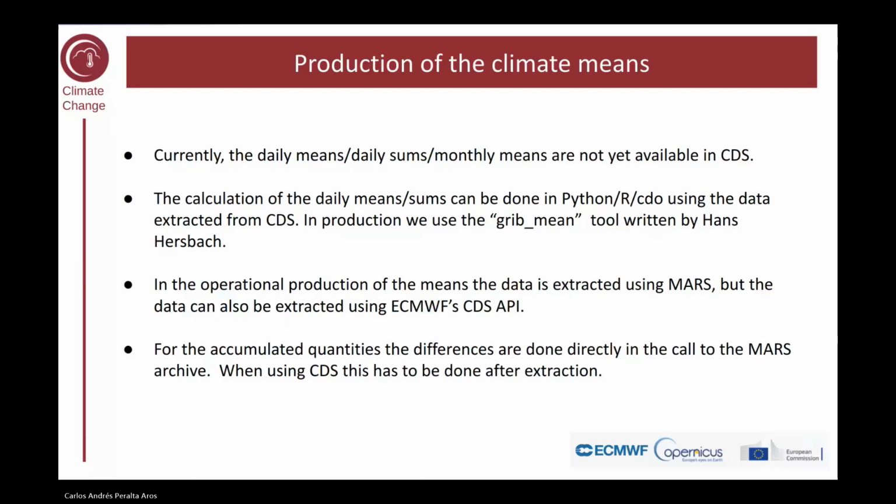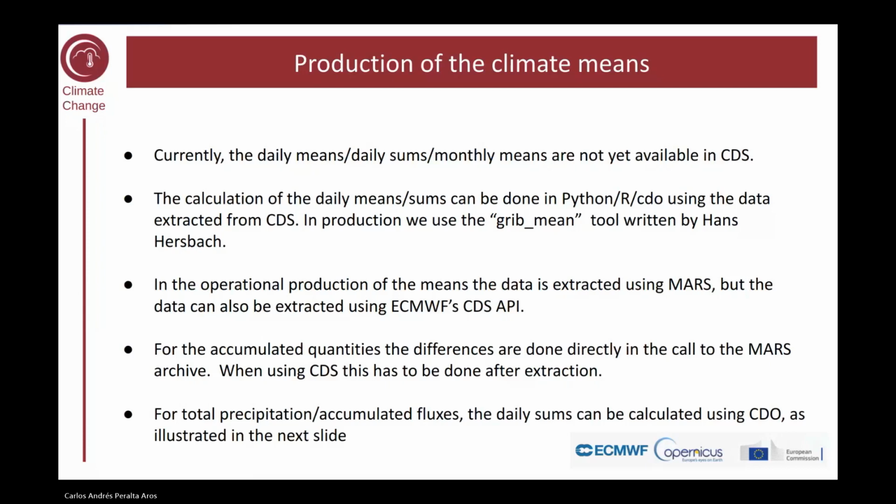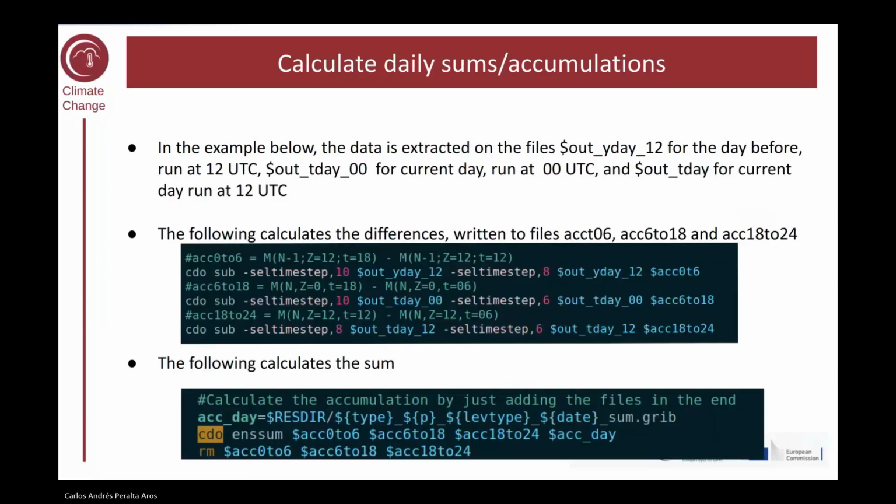And just to include a bit of a tutorial on how to do that, I will show you how to do that in CDO. So you extract the data, say with CDS. You can calculate the differences between the files. Say you take the extraction for the day before at 12, and then the same at 12 and 00 UTC on the day, and then you can calculate the differences as explained here.